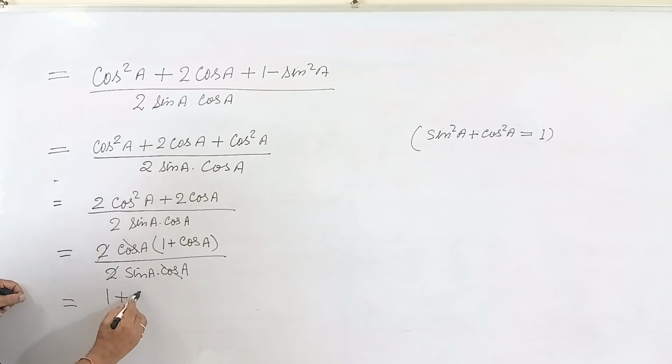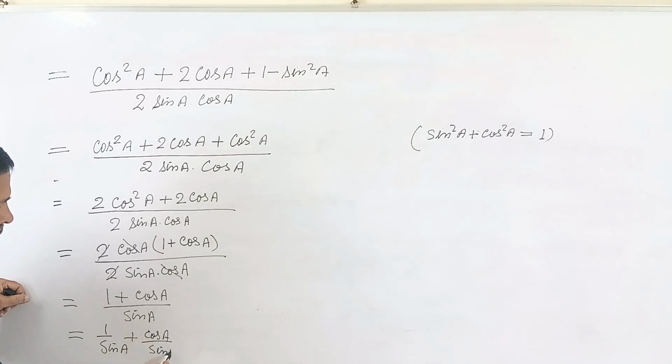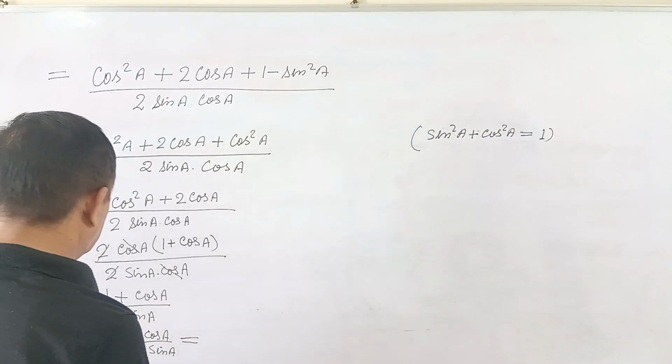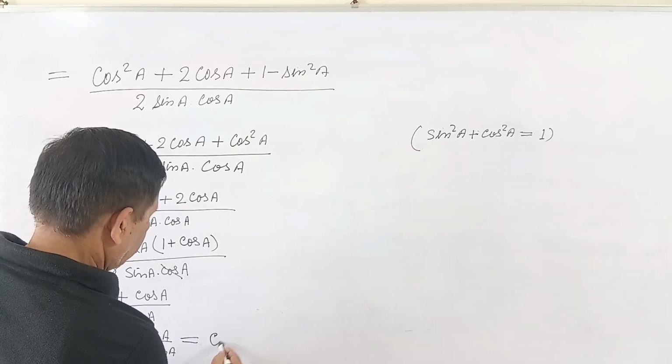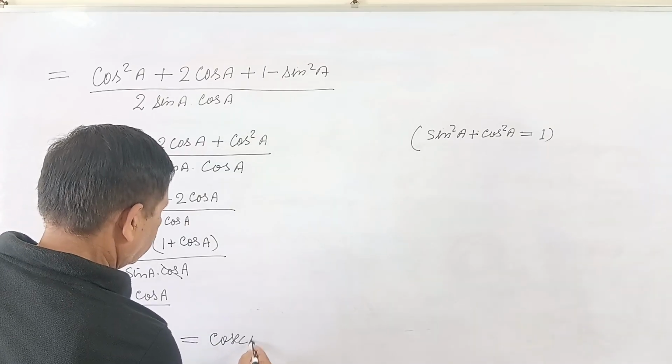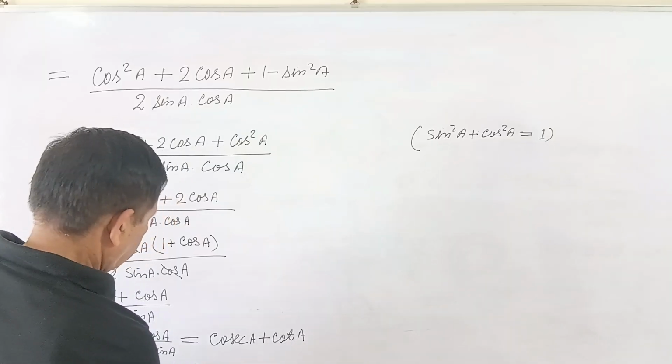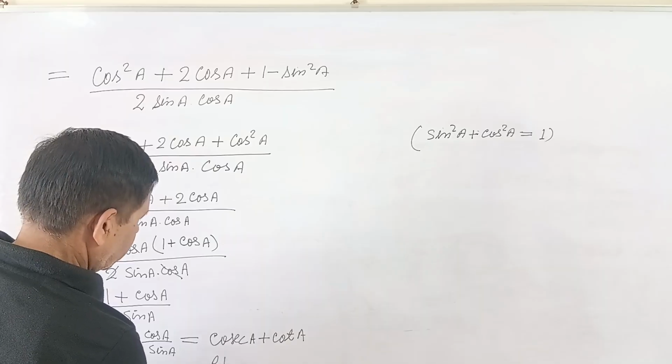We get 1 plus cos A upon sin A, or this can be written as 1 by sin A plus cos A upon sin A, equals cosec A plus cot A, which is the RHS.